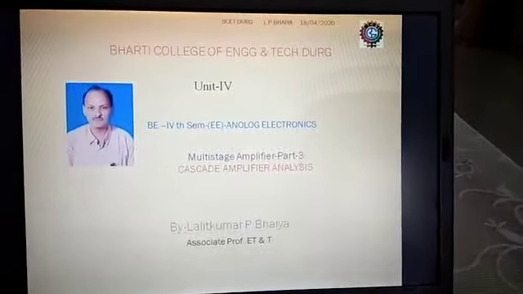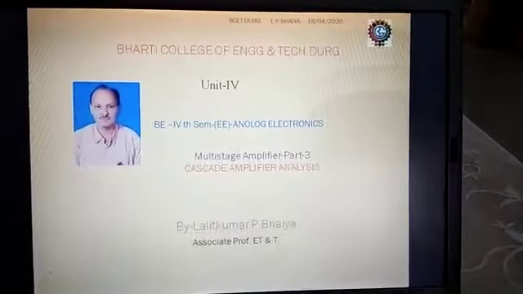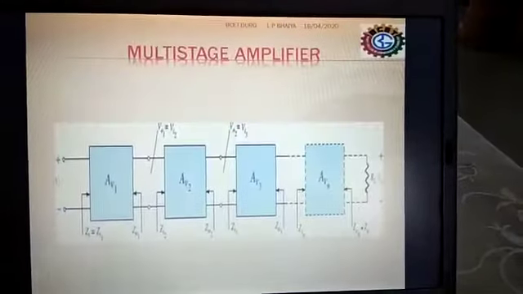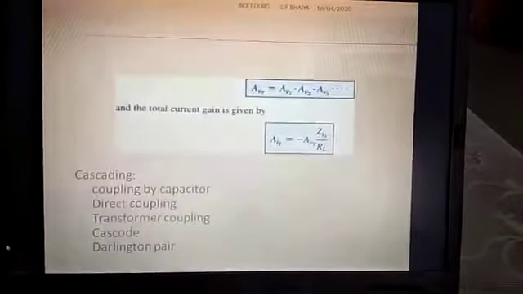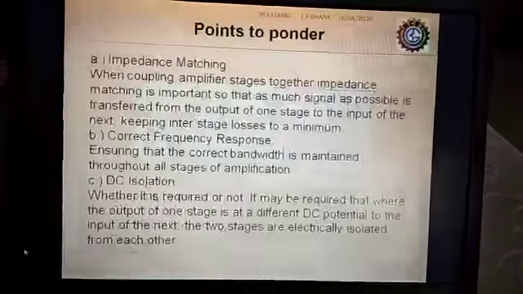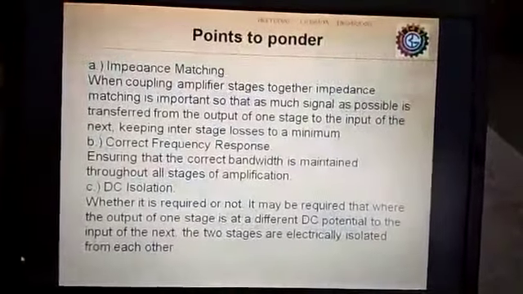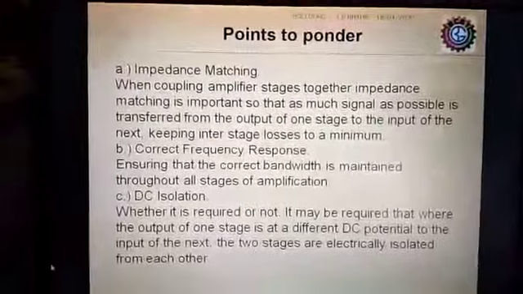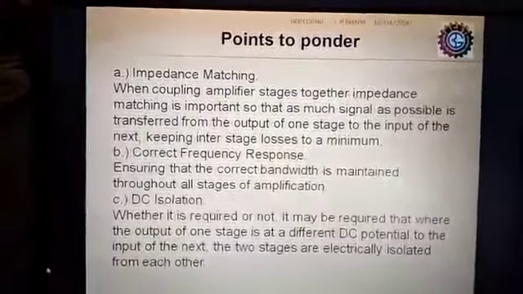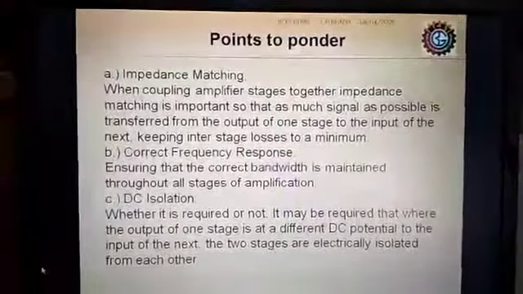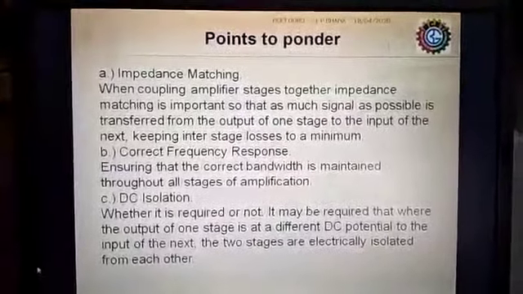As well as in the first video, we have seen about the cascade stages of amplifier, the overall voltage gain in this multi-stage amplifier, and about impedance matching, correct frequency response and DC isolation using multi-stage amplifier.